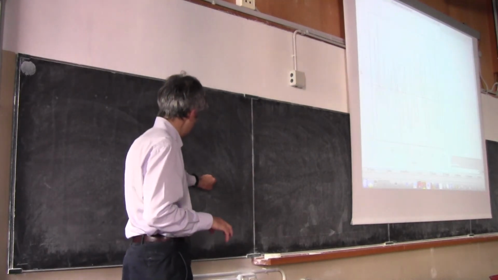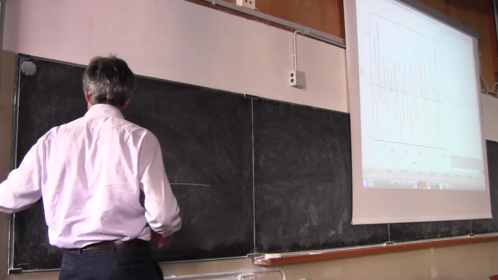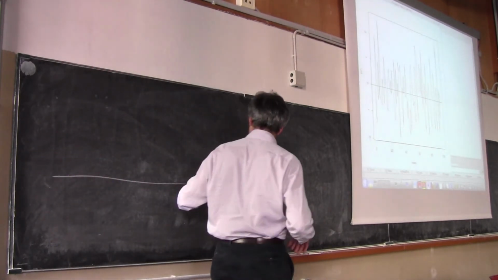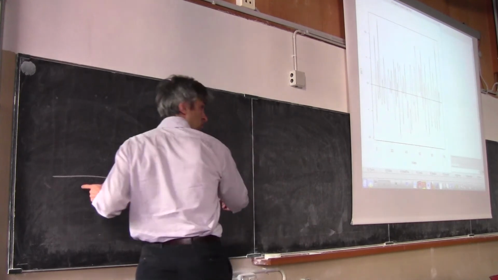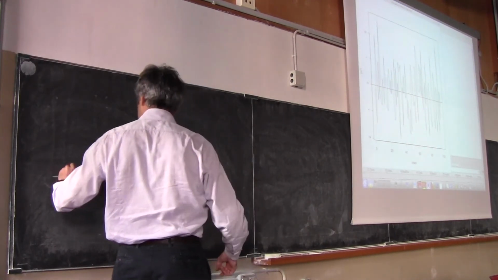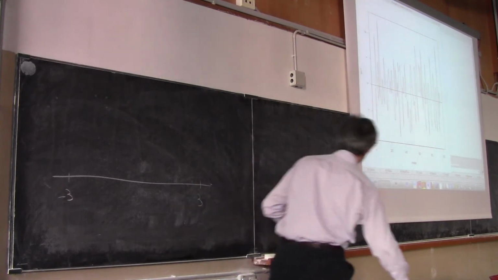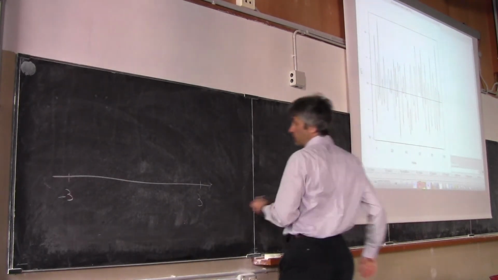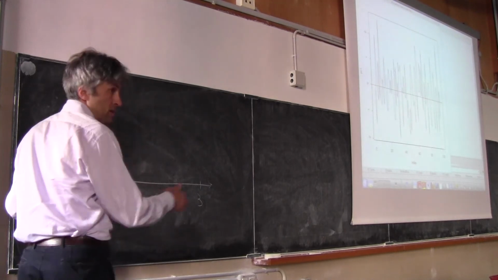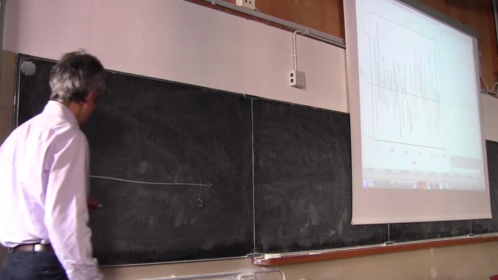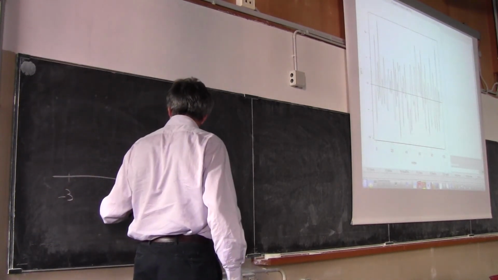What you should do is take along the x-axis the range of definition of the variable. In this case it's -3, 3, let's keep -3, 3, just to give you an example. Here it's 0.